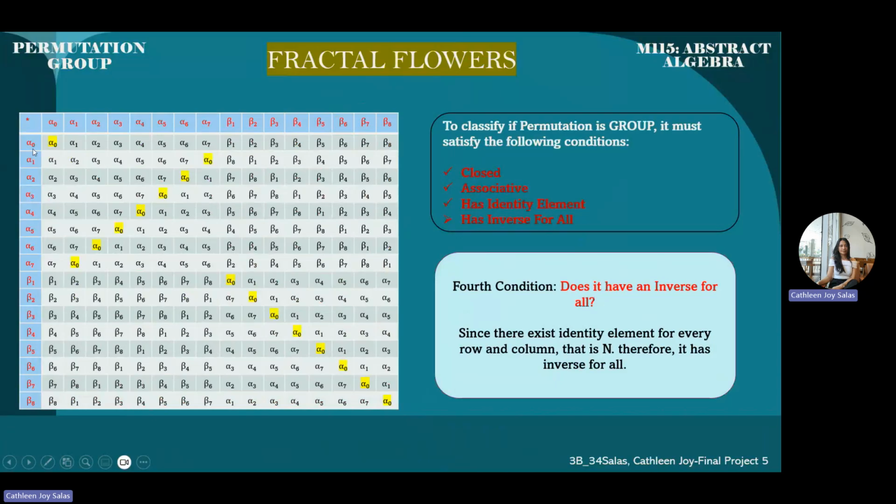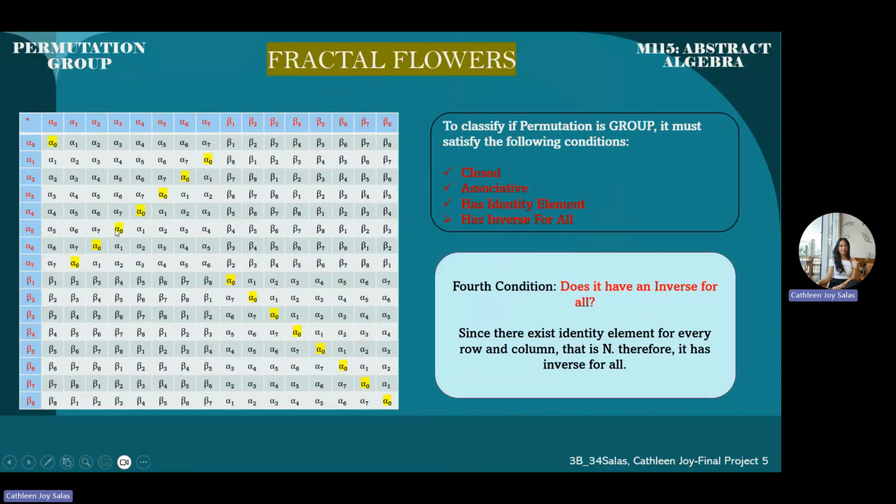So for alpha sub 0, we have the identity element here, and the inverse is alpha sub 0. Alpha sub 1 has alpha sub 7. Alpha sub 2, we have the inverse alpha sub 6. Alpha sub 3, we have the inverse alpha sub 5. Alpha sub 4, we have the inverse alpha sub 4.